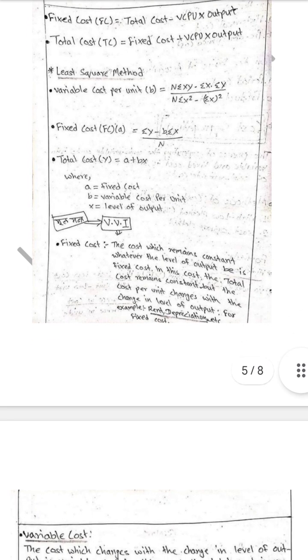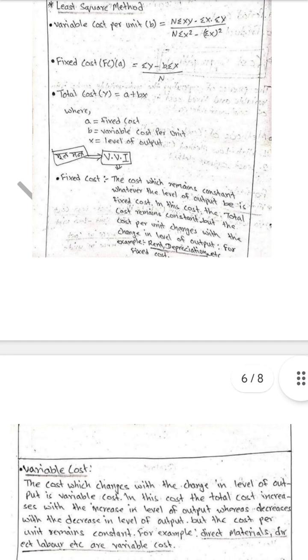Total cost here is A plus BX, where A, B, X को चाहिँ fixed cost, variable cost per unit, level of output.